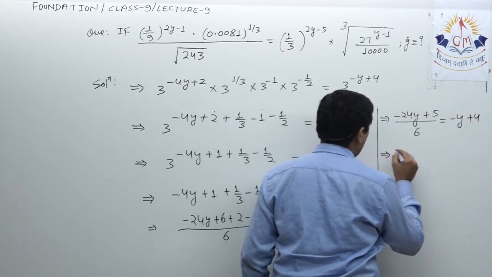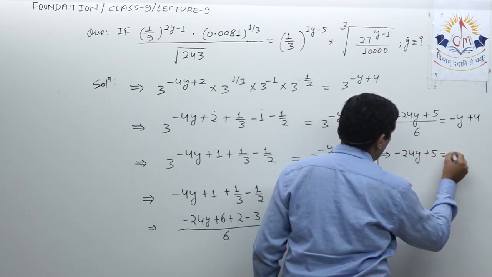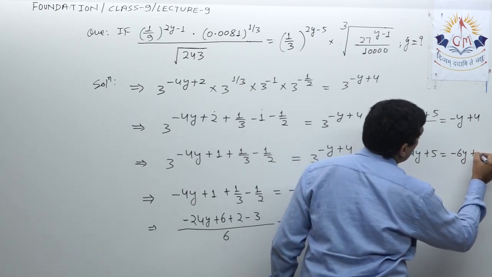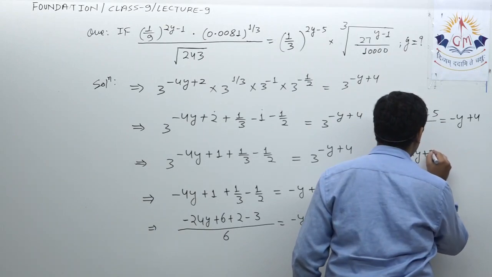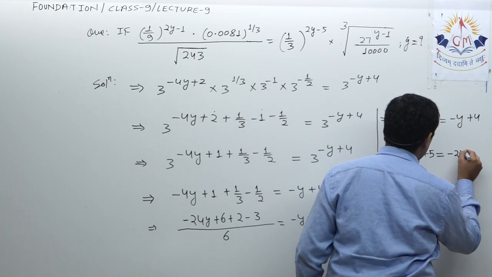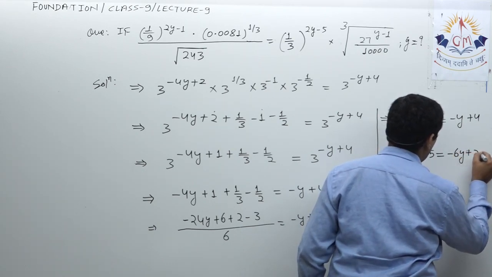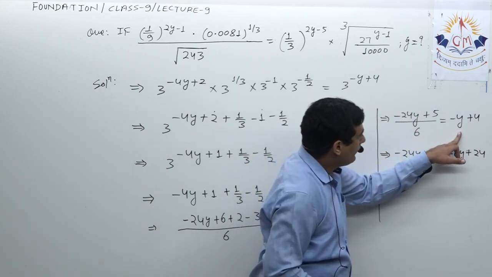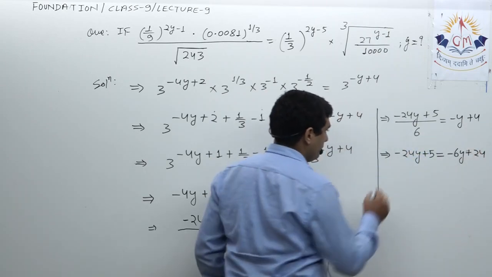So on solving it further, this is minus 24y plus 5 is equal to minus 6y plus 24. Okay, what I did, this 6 multiplied by y, so minus 6y, and 6 multiplied by 4 is 24.